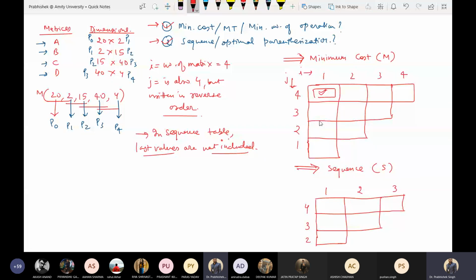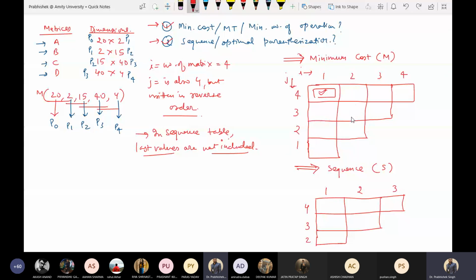In order to calculate the minimum cost, we have to calculate all these values, but diagonally. Remember this point. This is a very important point, or you can say it is one of the rules of solving matrix chain multiplication questions: first of all you have to fill all these blanks diagonally.